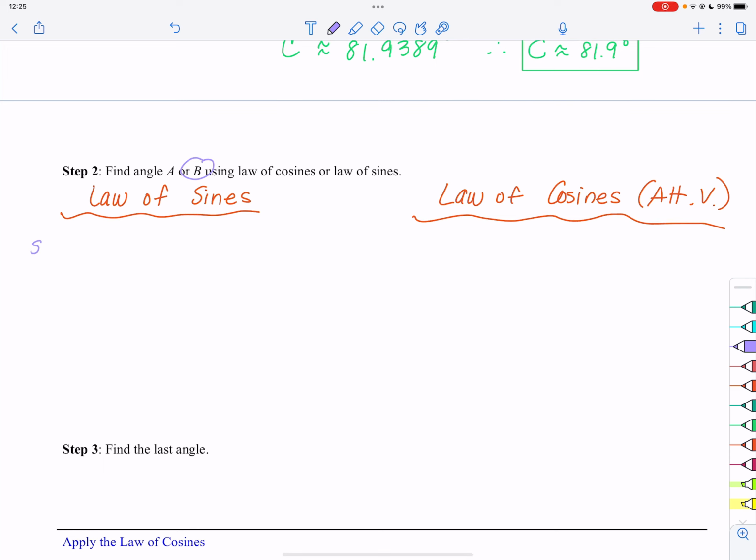So the sine of B divided by 8.7, which is side B, equals the sine of 81.9389 divided by 12.3.